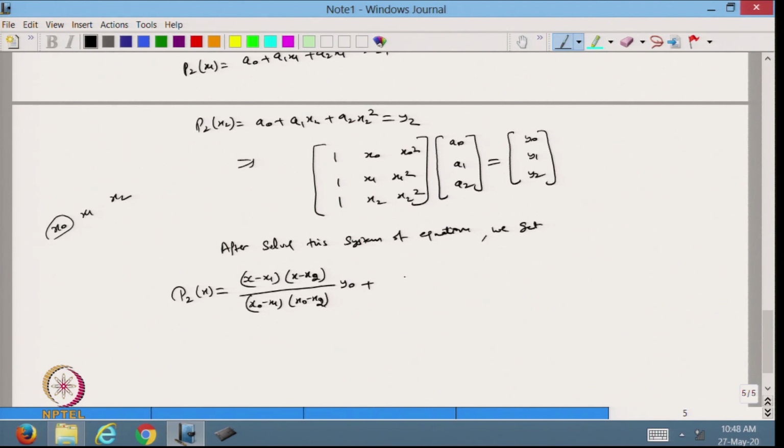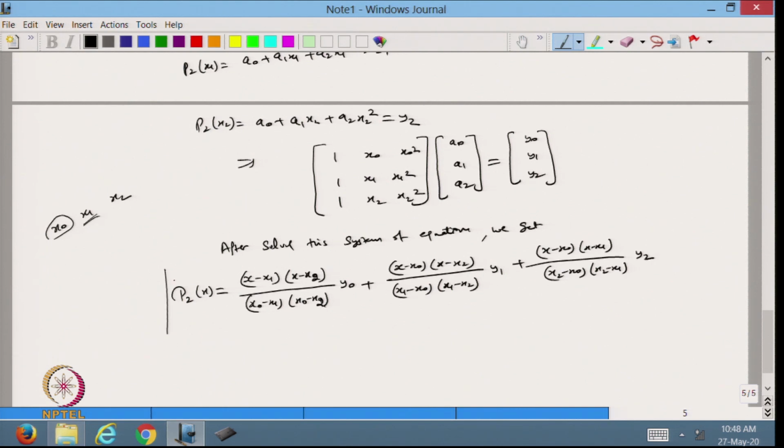Now I write the coefficient of y1. So I will leave x1. So I will write (x minus x0)(x minus x2), and then I put (x1 minus x0)(x1 minus x2), and that is y1, plus (x minus x0)(x minus x1) divided by (x2 minus x0)(x2 minus x1), and that is y2.